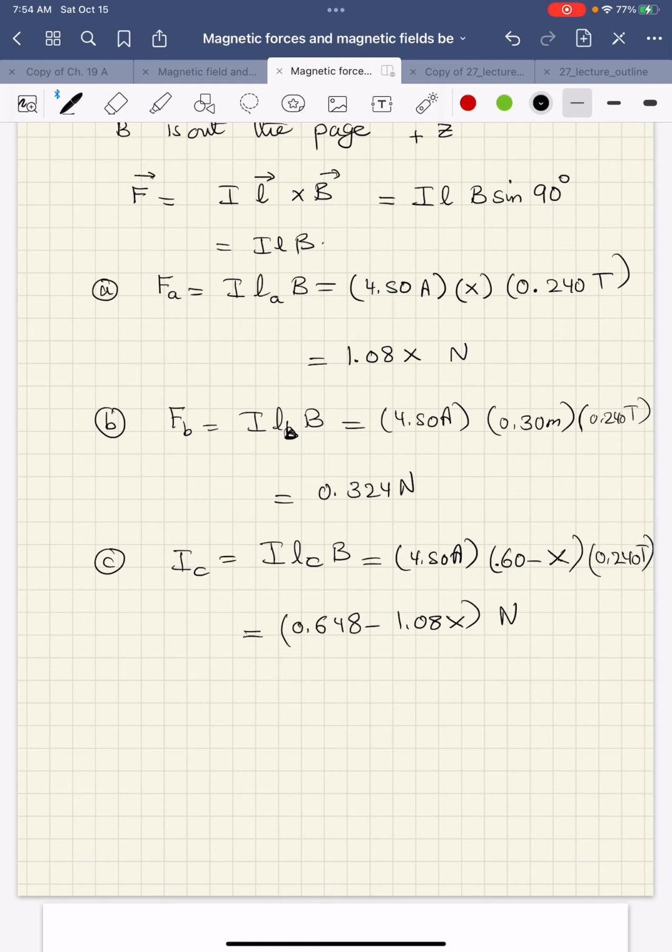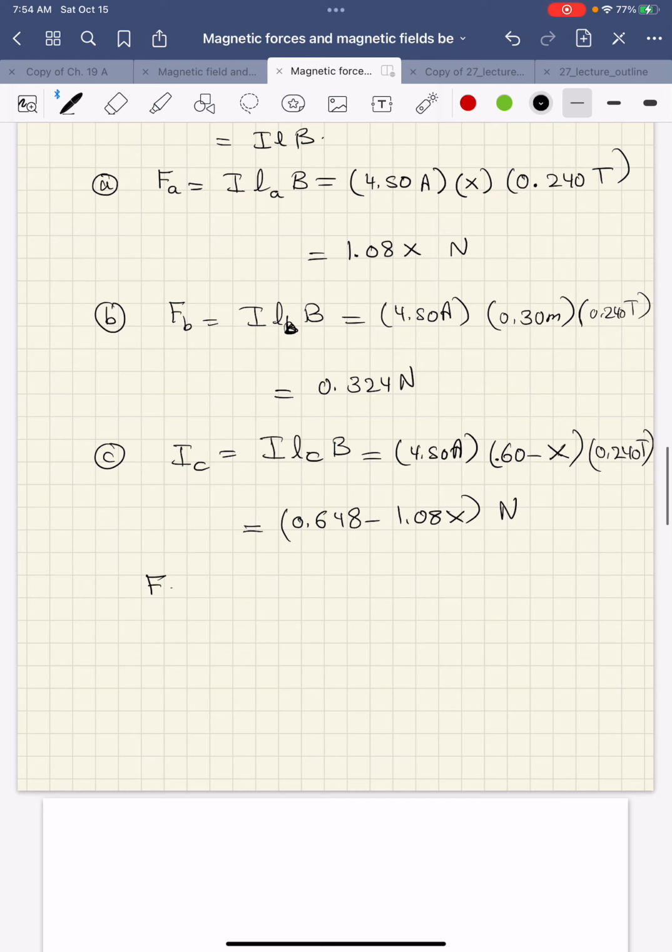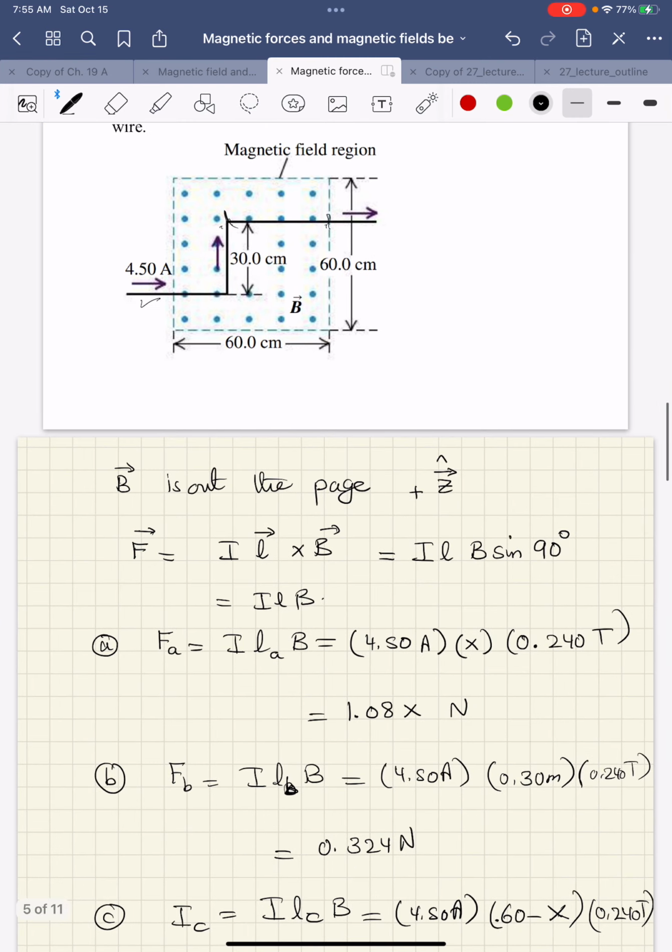We know that forces FA and FC are both in the same direction. How do we know? Because the direction of the conductor is the same and the direction of the magnetic field is the same.